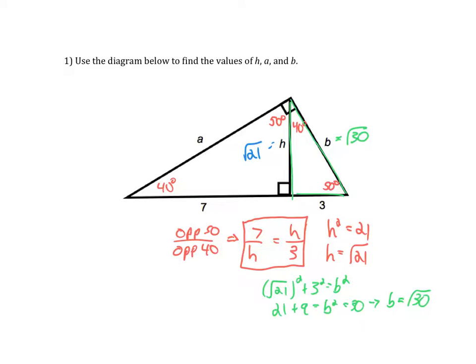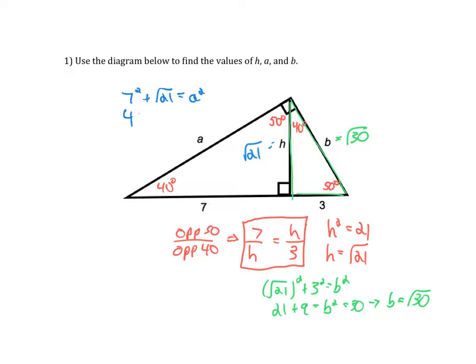And now if we look at the big triangle, that's side a. There are a couple different ways you could solve for it, but let's take a look at the triangle on the left. I have side h and I have side 7. I could say that 7 squared plus root 21 squared equals a squared. So you can see Pythagorean theorem comes in handy quite a bit once we did that first ratio.